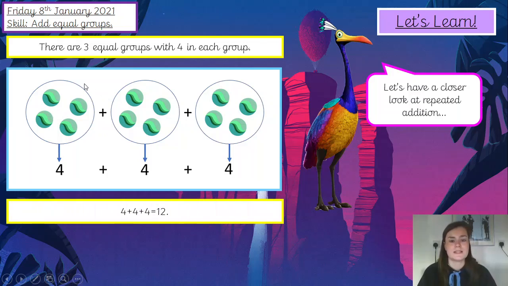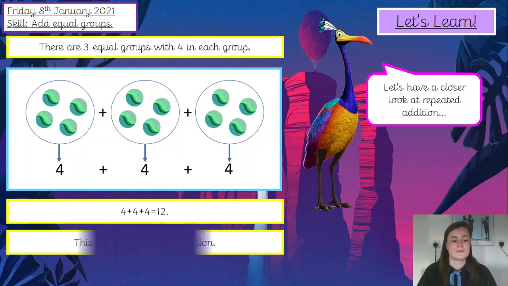So the number sentence for this repeated addition would be 4 add 4 add 4 equals 12. So you could have either counted in 4s or you could have counted up the marbles individually. It's up to you. But we are adding 4 because there are 4 marbles in each group. We're adding 4 three times because there's 3 groups, and the total, of course, is 12.